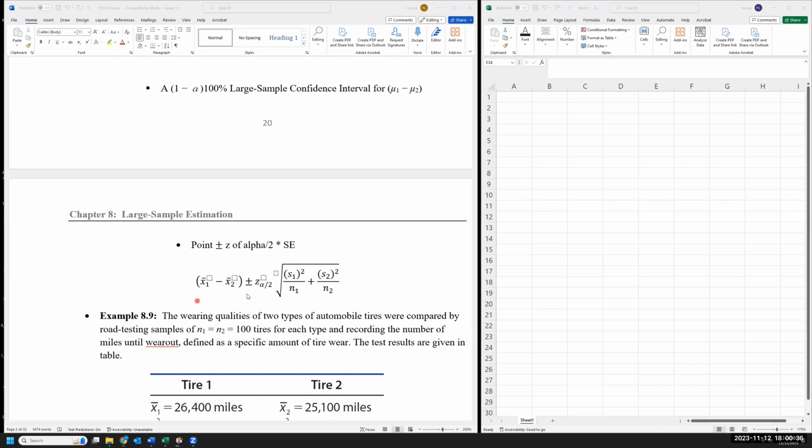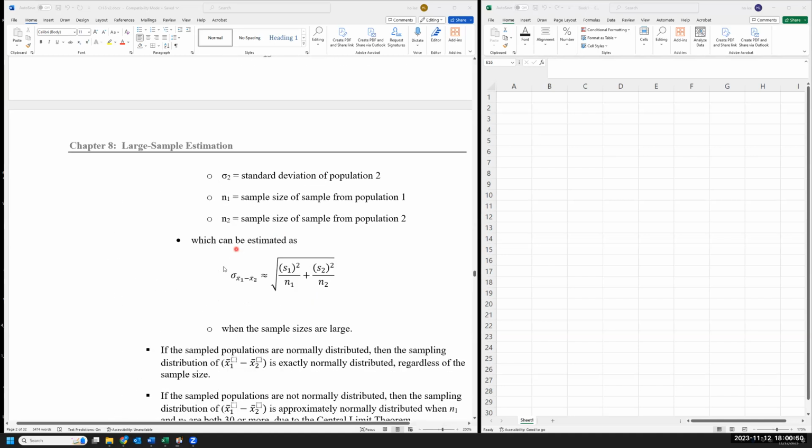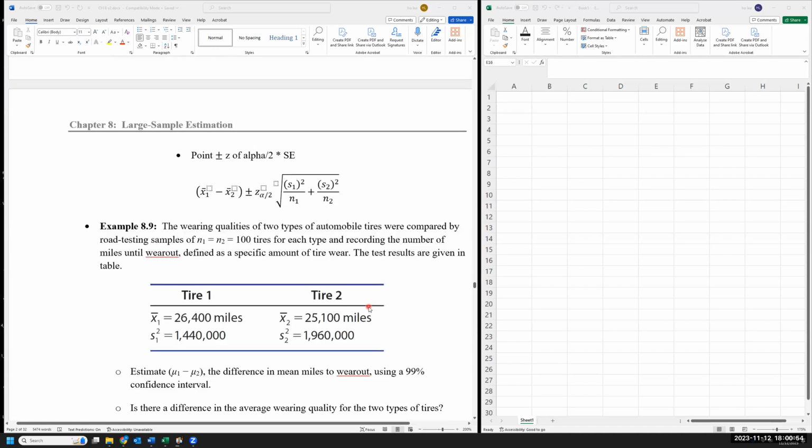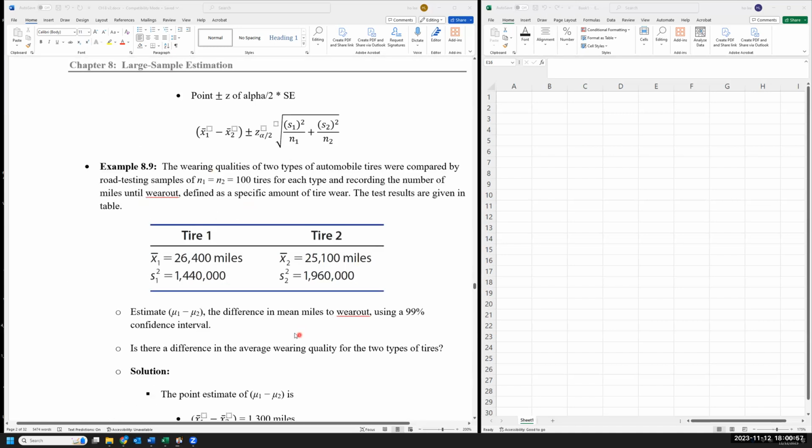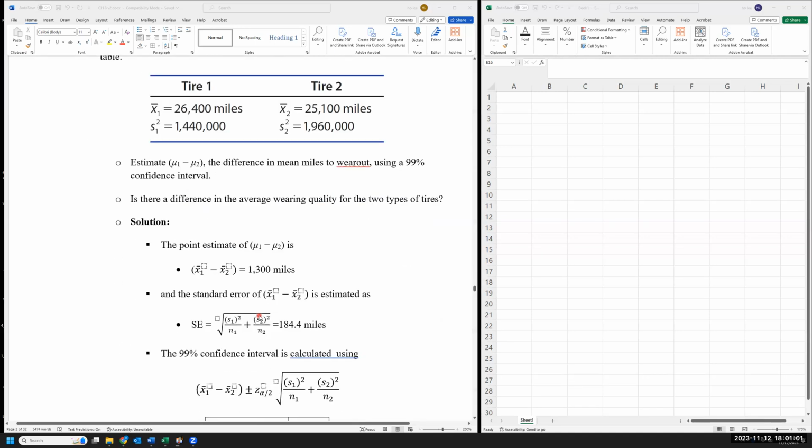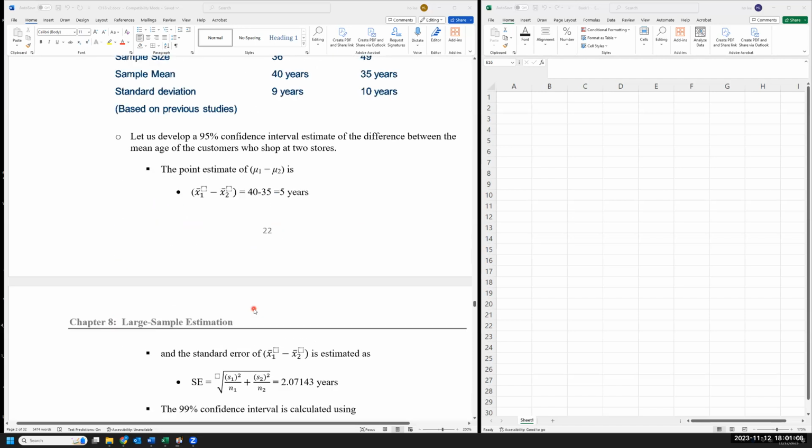So this is the point estimate right here, the sample average differences, plus or minus z of half alpha times the standard error. This is the standard error formula that I showed right here. And that's it. Okay, we'll go over an example after I introduce to you population proportion differences. Pretty much same thing, different formulas.